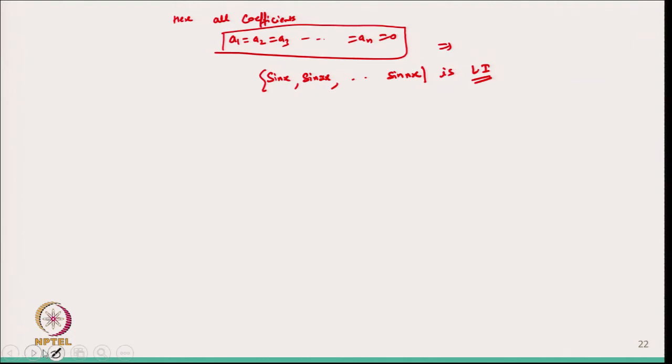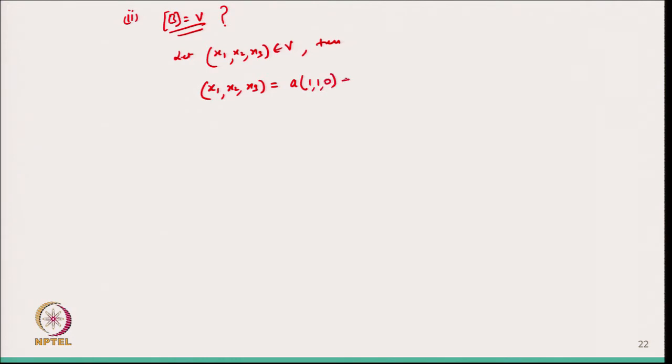Now I want to check the second property, that B spans V. Let us take a vector x1, x2, x3 belonging to V. Then we try to write x1, x2, x3 as a linear combination: a times 1 1 0, plus b times 1 0 1, plus c times 0 1 1.